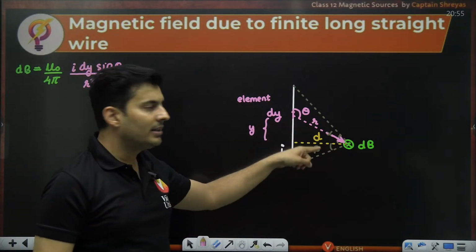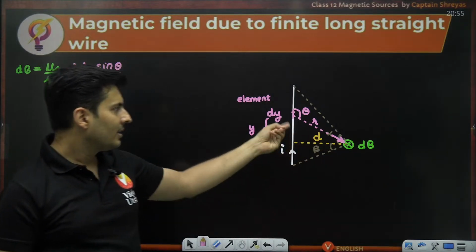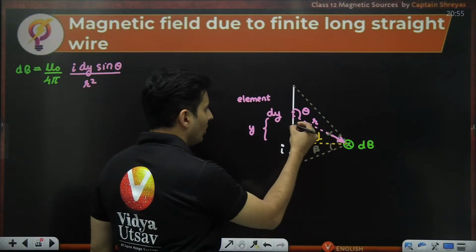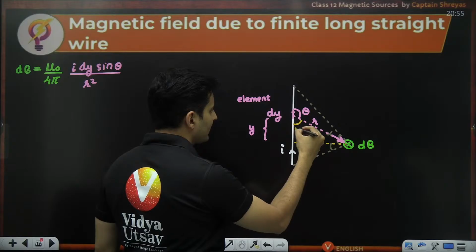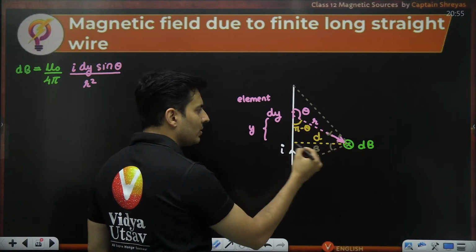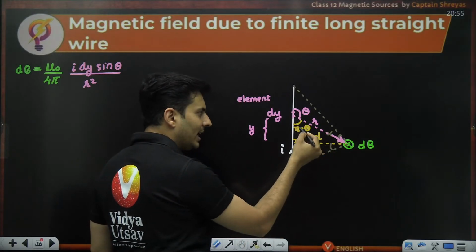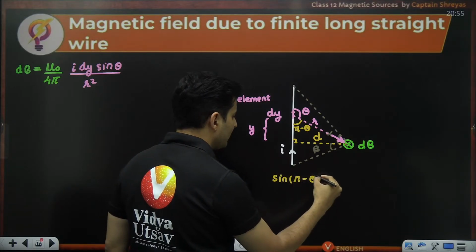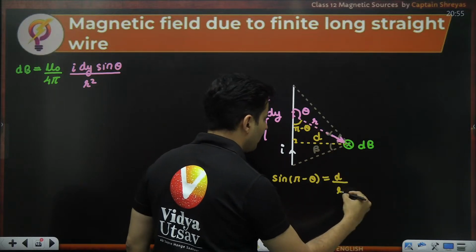Now, r can be written down geometrically in terms of d and theta. You can write it in terms of geometry. How? Observe carefully. This particular angle over here is pi minus theta. This is hypotenuse, this is perpendicular. So in this triangle, you can take sine of pi minus theta, which will be opposite side divided by the hypotenuse.